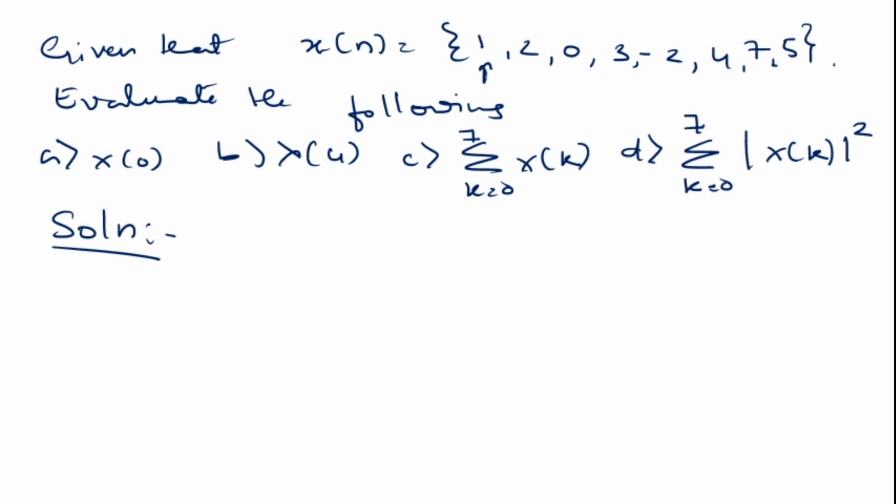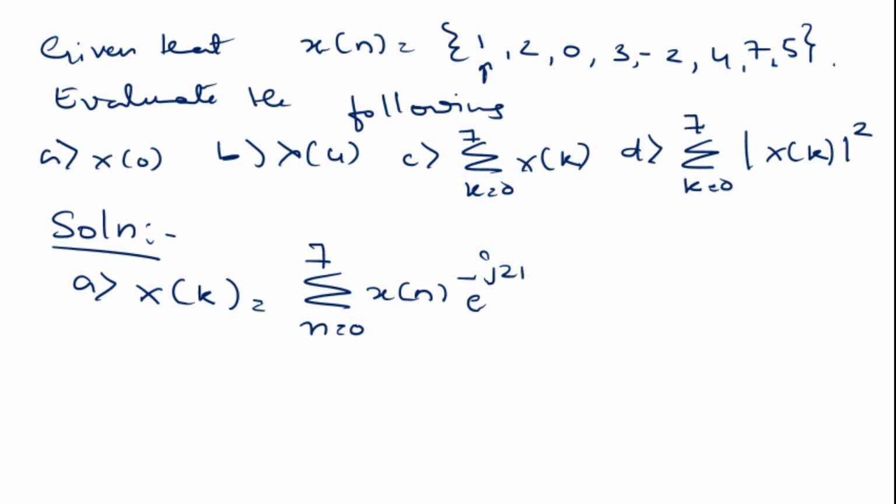First one, X of k is equal to summation n is equal to 0 to 7 x of n into e power minus j 2 pi n k by 8, where k varies from 0 to 7. X of 0 we have to find out, that means we have to put k is equal to 0.